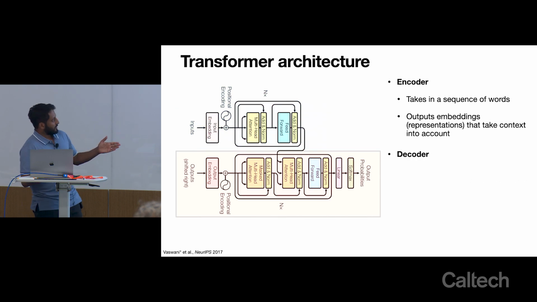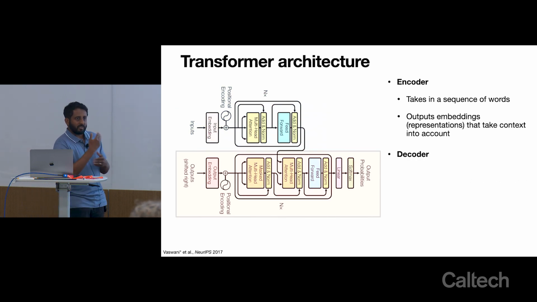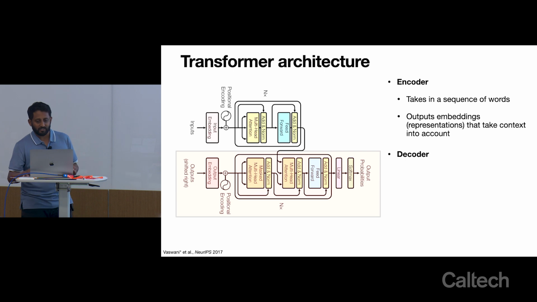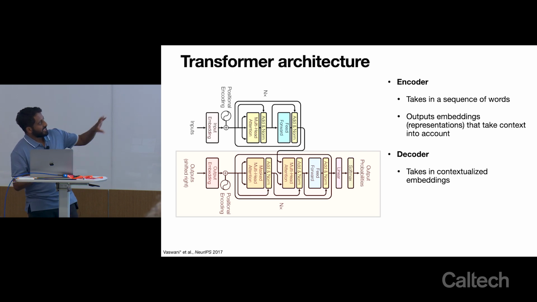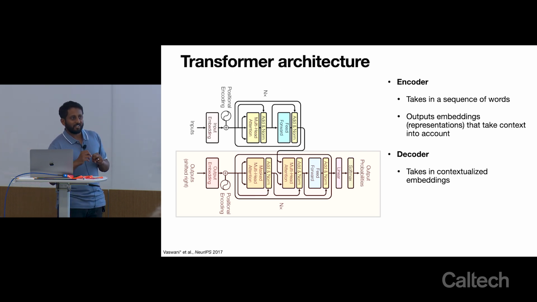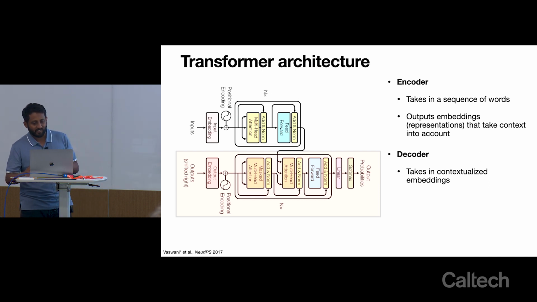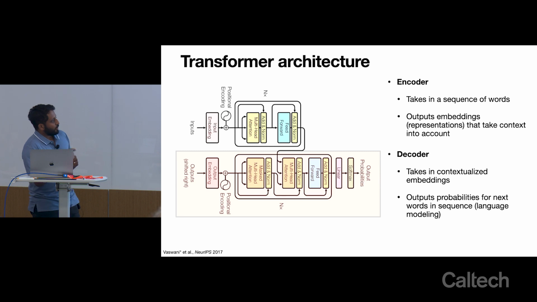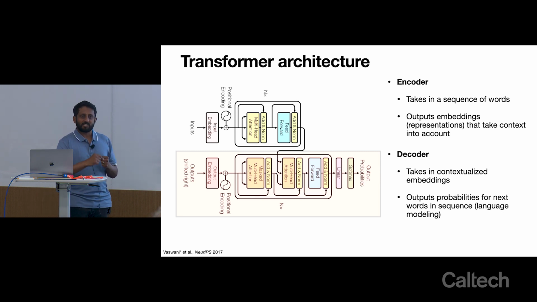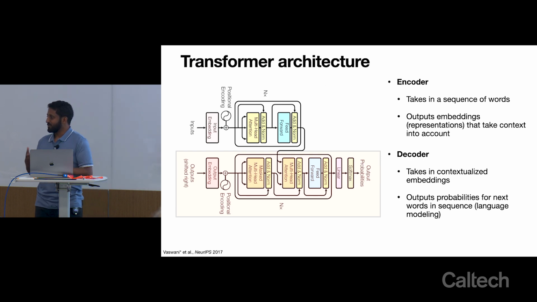And now the decoder, just like before, the decoder is going to take input from the encoder. And so it takes in those contextualized embeddings, right? The words augmented by context. And then it's going to output probabilities for the next words in a sequence. Okay? So this is a classic problem in language modeling, just next word prediction. That's what the decoder's goal is, just to say, okay, given this sequence, what is the next most likely word?